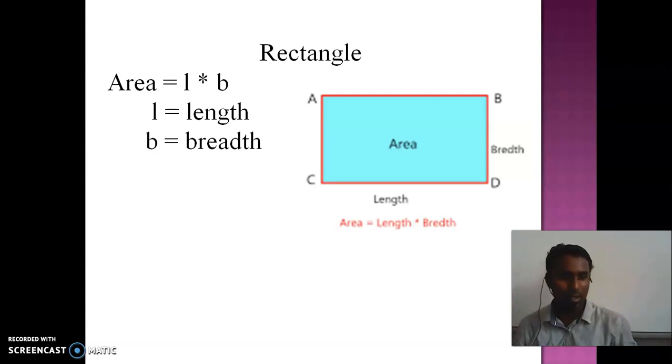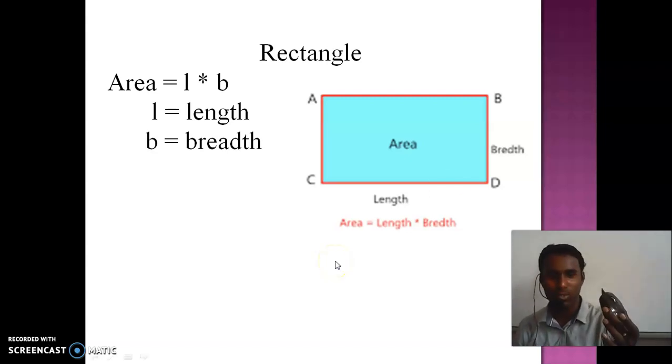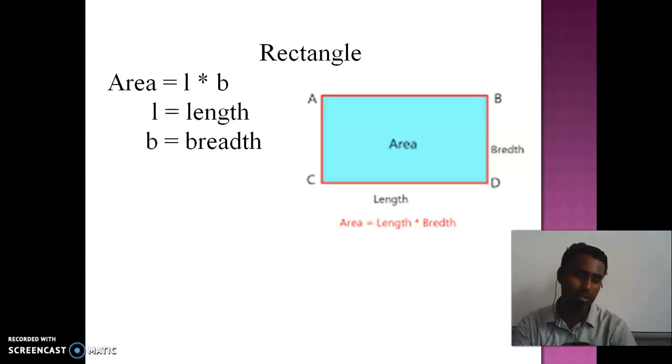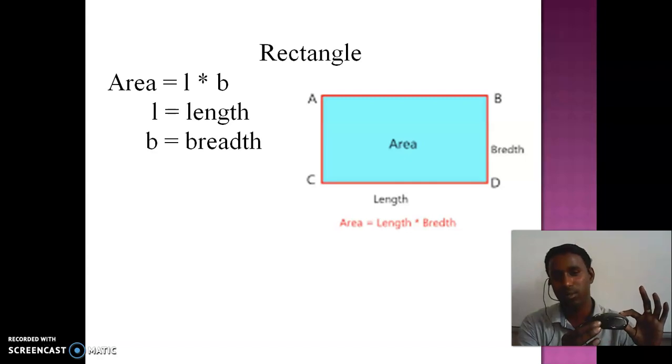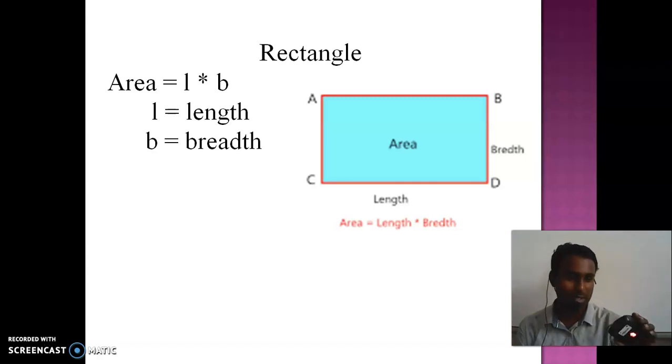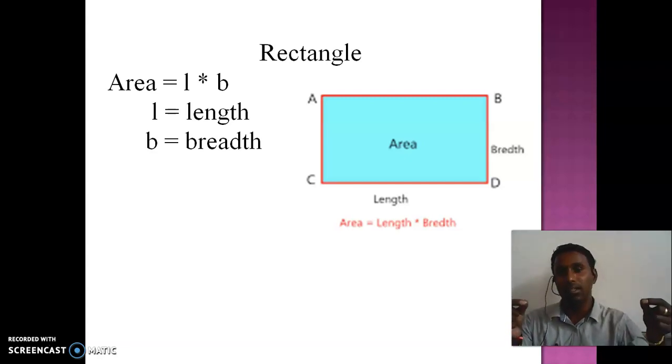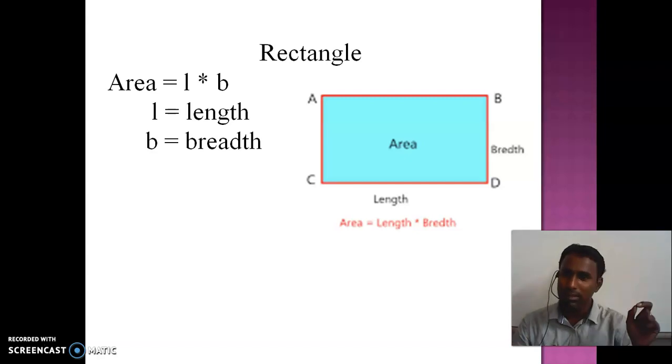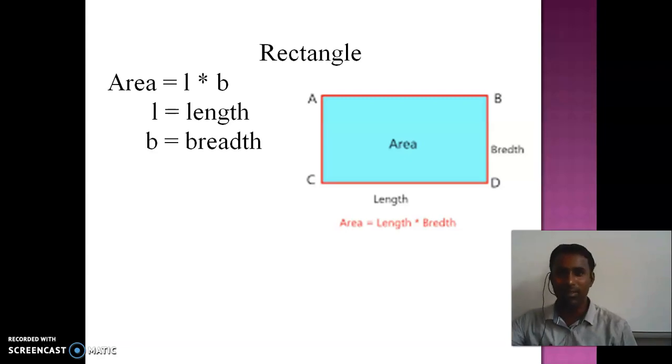For example, if I take the mouse, it has length, breadth and also some height, so this is a three-dimensional body. If we consider only length and breadth, that is a two-dimensional body. For example, in a white sheet we consider only length and breadth, the thickness is almost negligible, so we do not consider it. That flat surface, that region, is considered area.